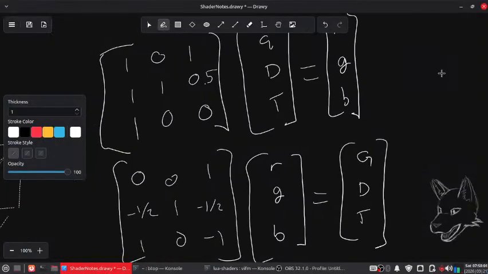So black. So RGB black, 000. Oh shit. Because 000 maps to 00 minus 1.